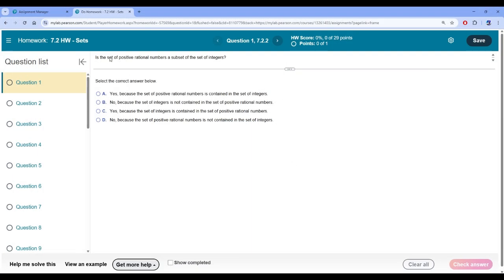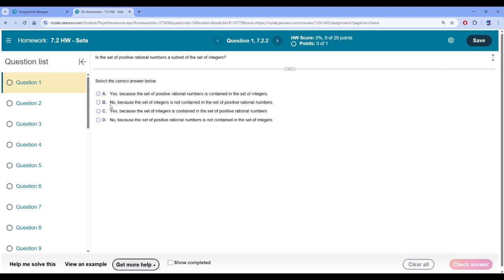All right, is the set of positive rational numbers a subset of the set of integers? So if you kind of think of how your numbers are, integers are positive and negative numbers. Yes, because integers include positive and negative?